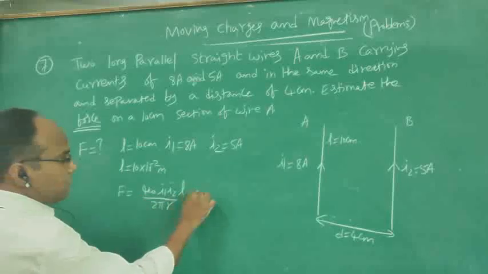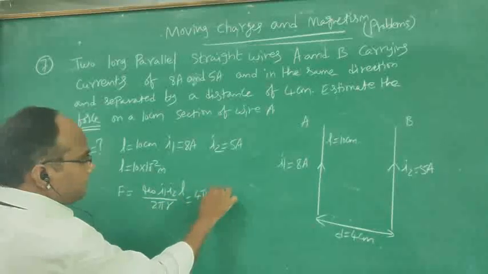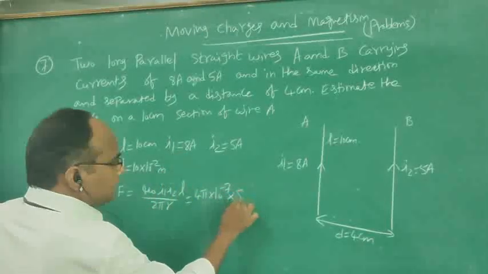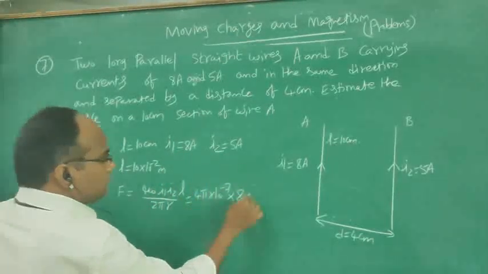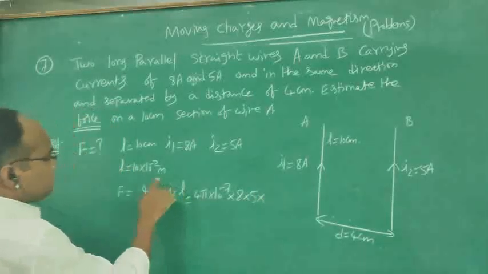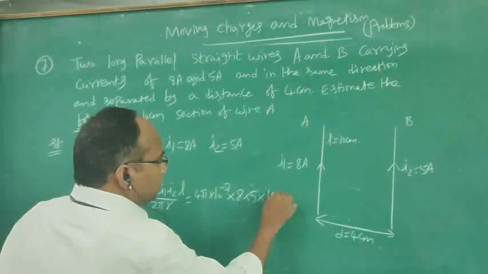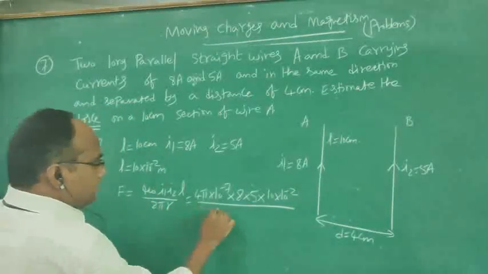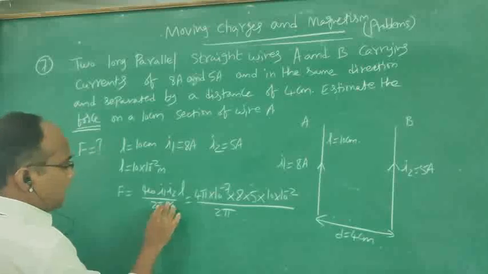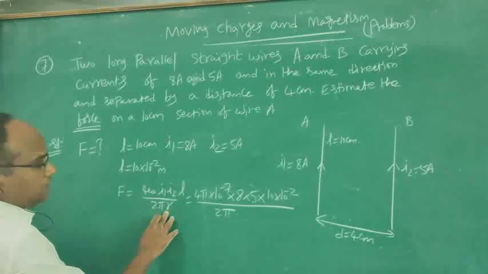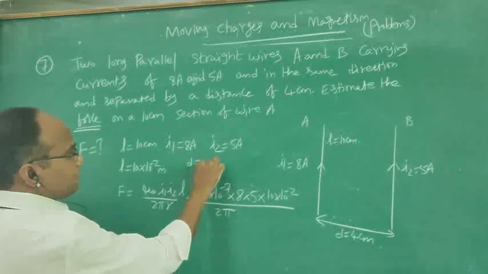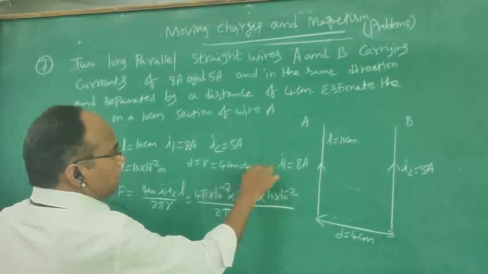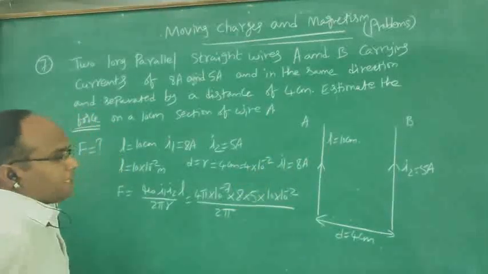So mu naught is 4 pi into 10 to the power of minus 7, into I1, which is 8, I2 is 5, into length 10 into 10 to the power of minus 2 meter, divided by 2 pi. Here r is nothing but the distance, which is 4 centimeter. So I should write 4 into 10 to the power of minus 2 meter.